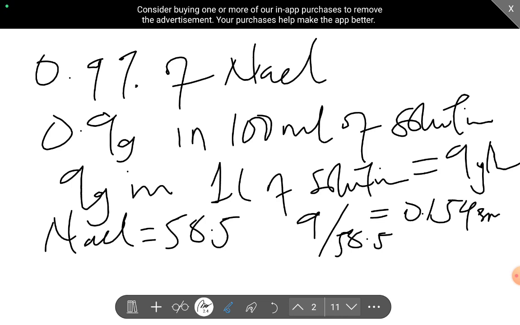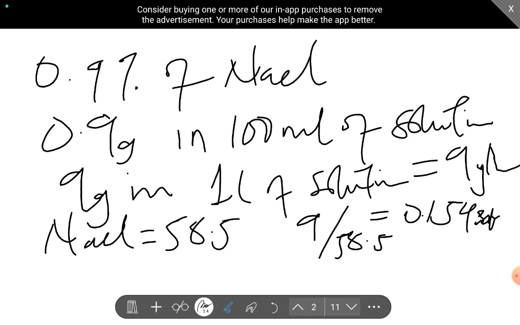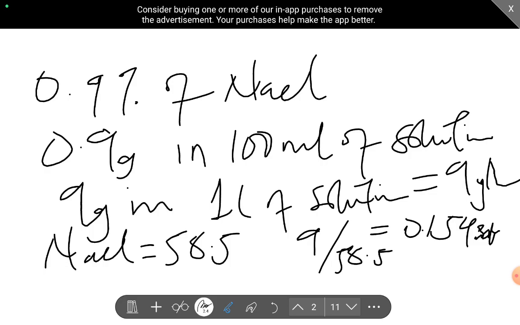Just as I said earlier in physiology, you just have to know conversion. If you want to convert this to millimole, which is an acceptable SI unit, you can say this is about 154 millimole per liter.